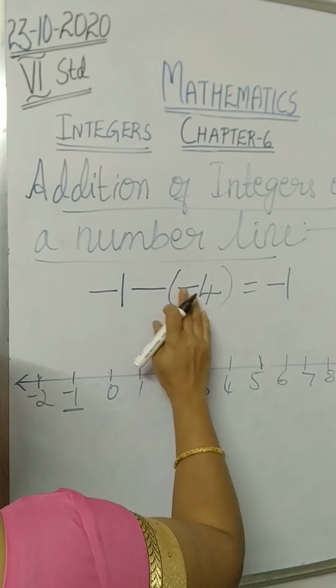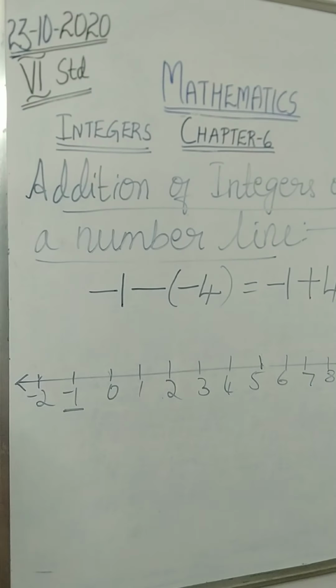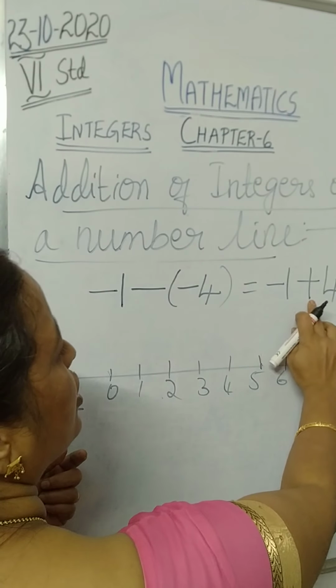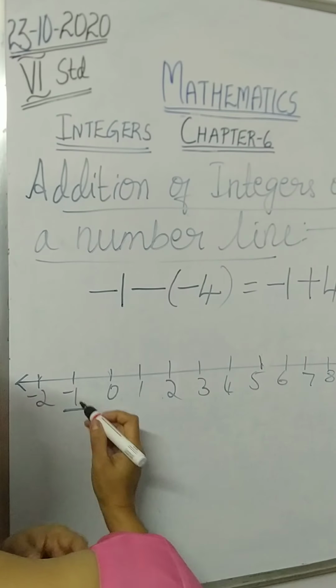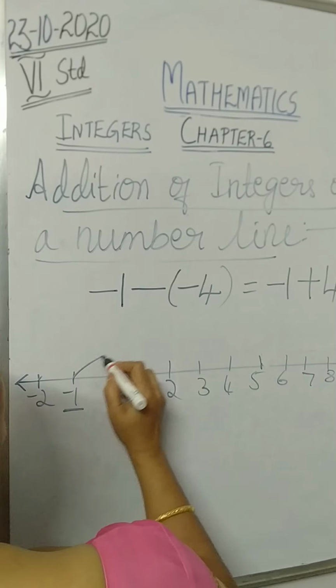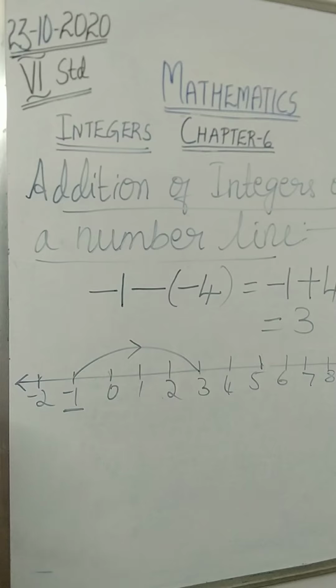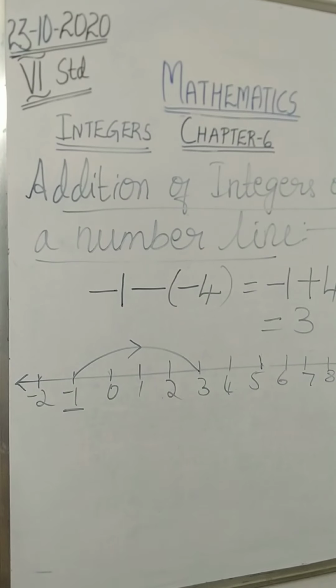Minus and minus, both are the same symbol, so you will put plus 4. Yes. Now from minus 1 we have to move, because it is plus sign, we have to move forward, that is to the right side. How many steps do we have to move? 4 steps. See, look here, 1, 2, 3 and 4. So the answer is plus 3. Hope it is clear, children. This is the method of addition of integers on a number line.